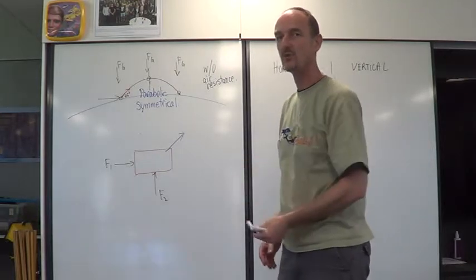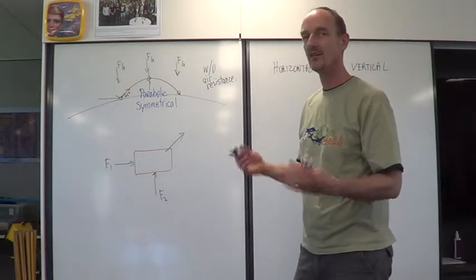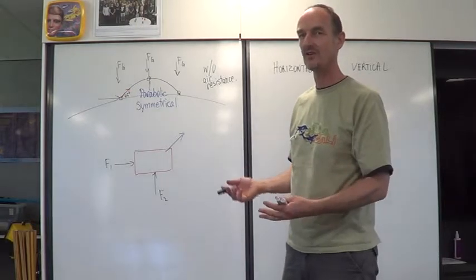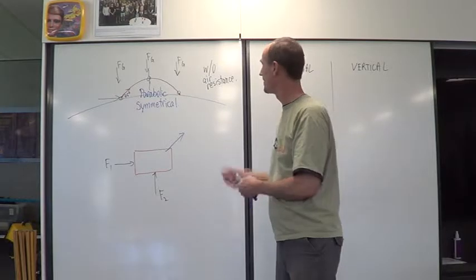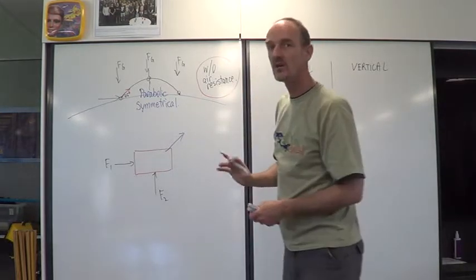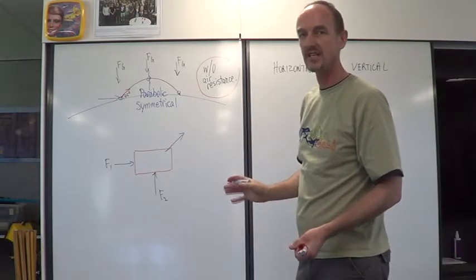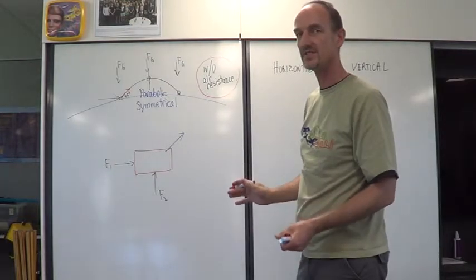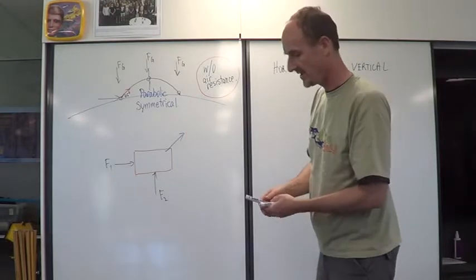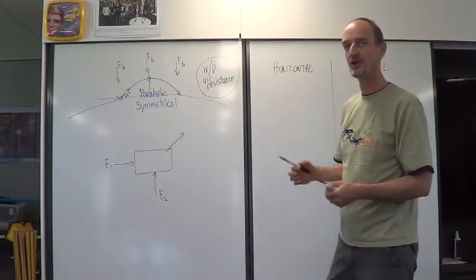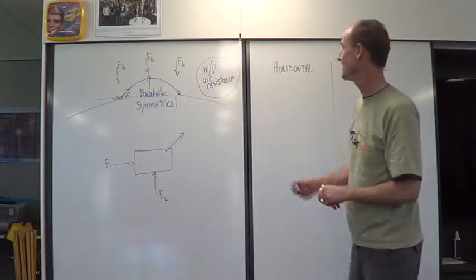So once you let the ball go, there is in fact no force acting in the horizontal direction. We must remember that we're not allowing for air resistance at this point. So there's no air resistance and there's no force acting in the horizontal direction. So if you've got no force, what is the acceleration?